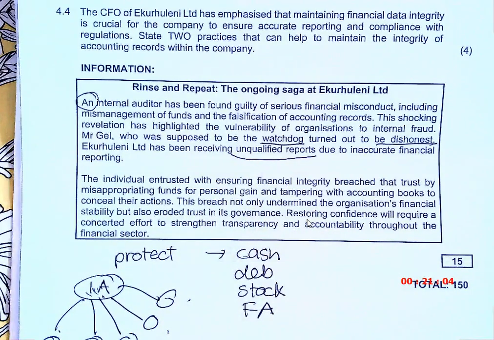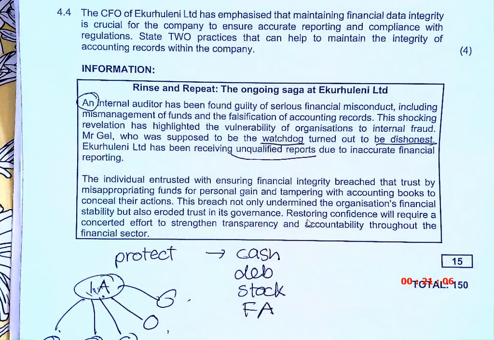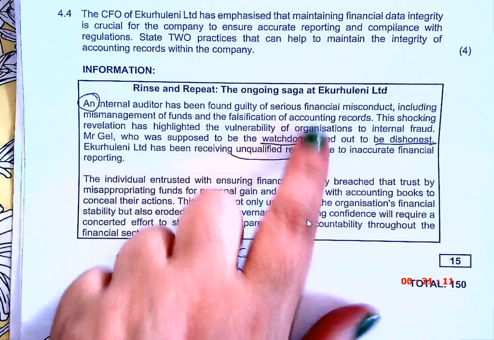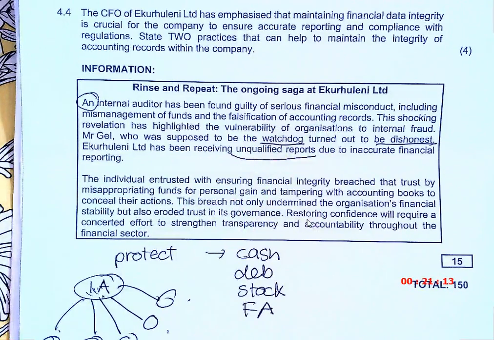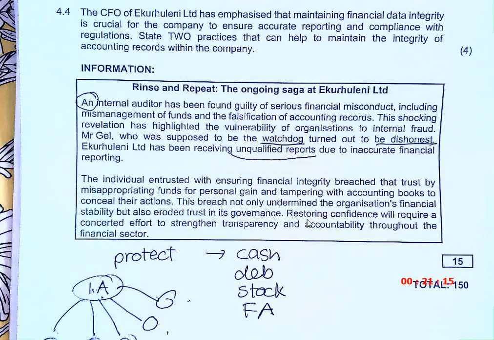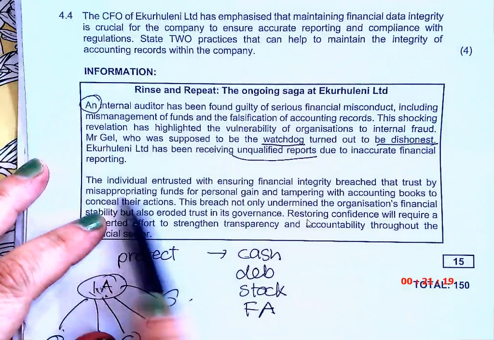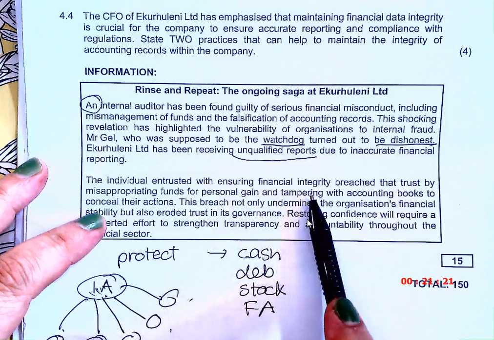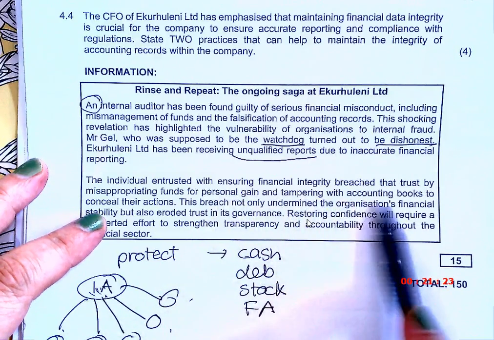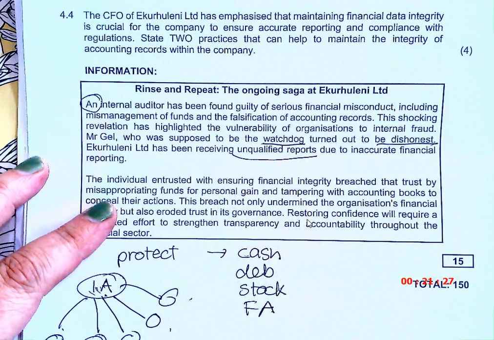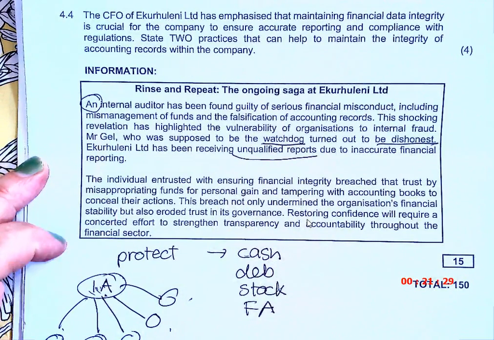Either the external auditor is in on it, or this falsification was done so well that he couldn't pick it up. It can go either way. The individual entrusted with ensuring financial integrity breached that trust by misappropriating funds for personal gain and tampering with accounting books to conceal their actions.